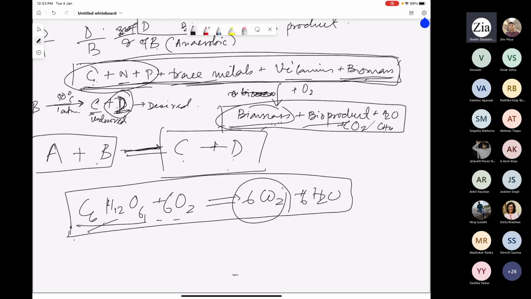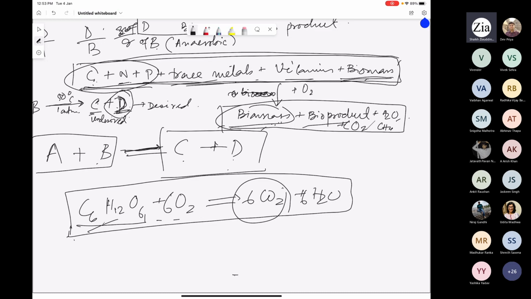Suppose we are producing ethanol. So we know the formula of the byproduct. We know the formula of carbon dioxide, water or methane. So if in your stoichiometric equation all parameters are defined, then you can balance the equation and then calculate how much of individual raw materials are required to produce a certain amount of byproduct.